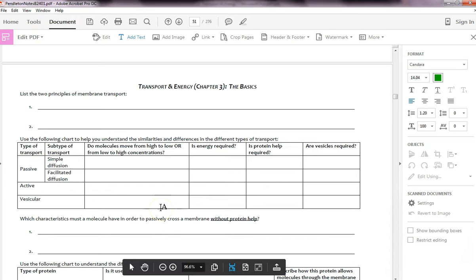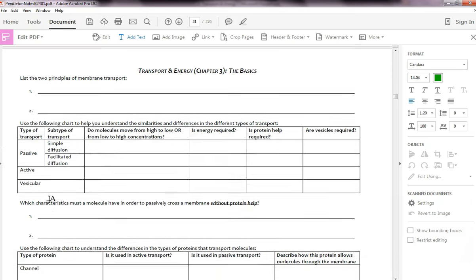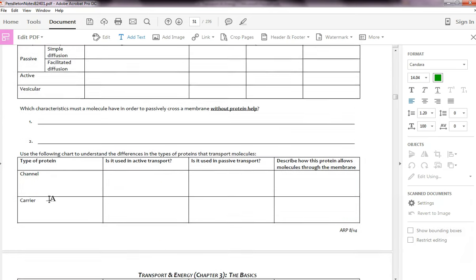So what I'd like for you to do is to use this knowledge and go through and see if you know it well enough to fill out this chart. Now wait for a minute on vesicles and vesicular transport. Okay? We'll come to that in a minute. But see if you can fill that part out.